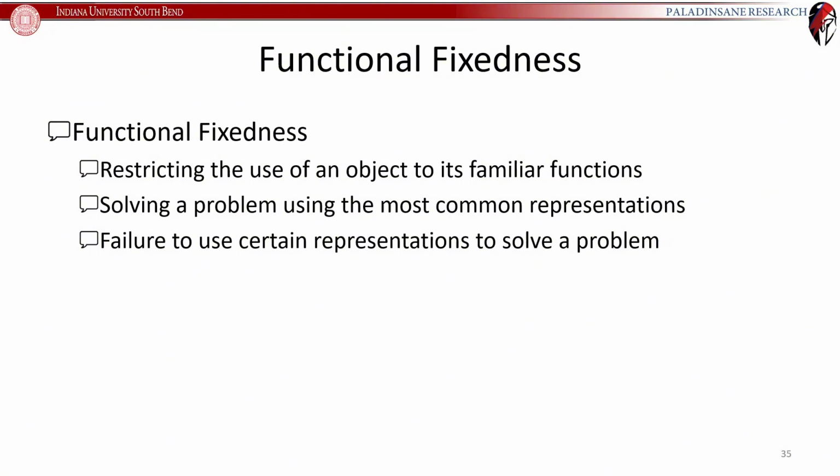So you solve a problem by thinking about things in the most common, most straightforward, most typical way, and you fail to use other representations that are possible to solve the problem because you are fixed on the most typical, most familiar functions for this solution.